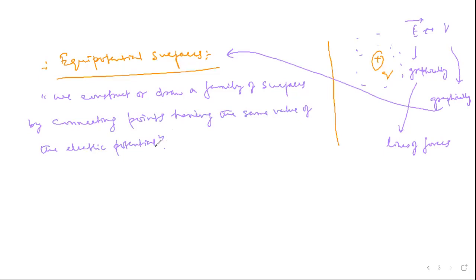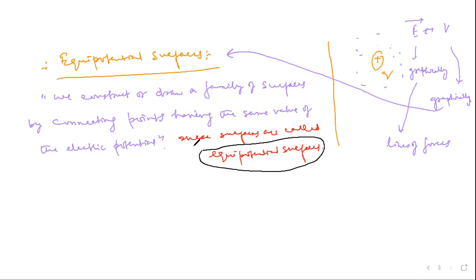So we construct or draw a family of surfaces by connecting points having the same value of electric potential. Now these surfaces are called equipotential surfaces.